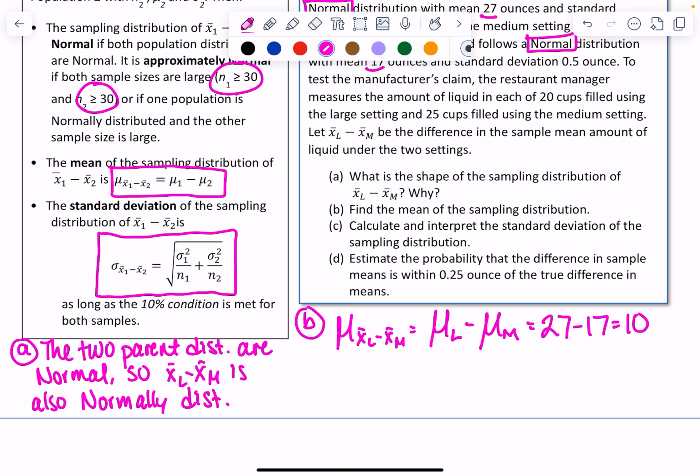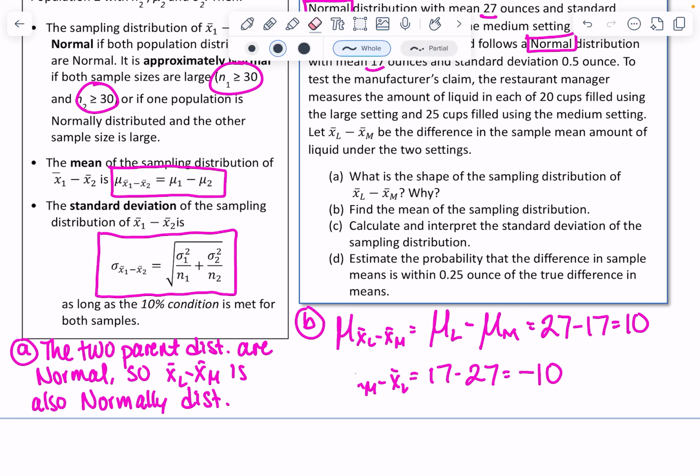Now, just a reminder, if they had made us do M first, we would have gotten 17 minus 27. We would have gotten a negative average, and that's okay. That's just saying on average, medium will be smaller than large. So when we do the subtraction, you could get a negative average, and that's okay. In this case, large tends to be a bigger number, so we're getting a positive answer for the mean.